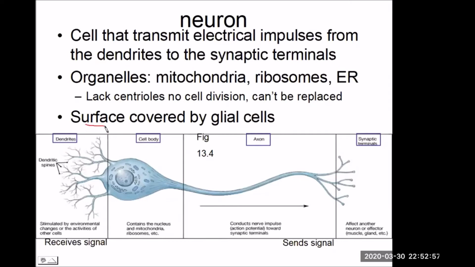Almost all of the nerve cell's surface would be covered by those supporting cells. And this is just a shortened form, glial cell, or the full word would be neuroglia. Those more common supporting cells wrap all around the majority of the neuron surface. And in this illustration, neuroglia are absent.